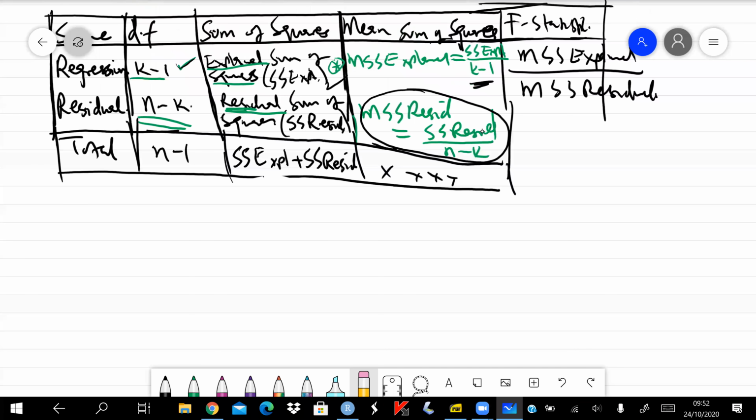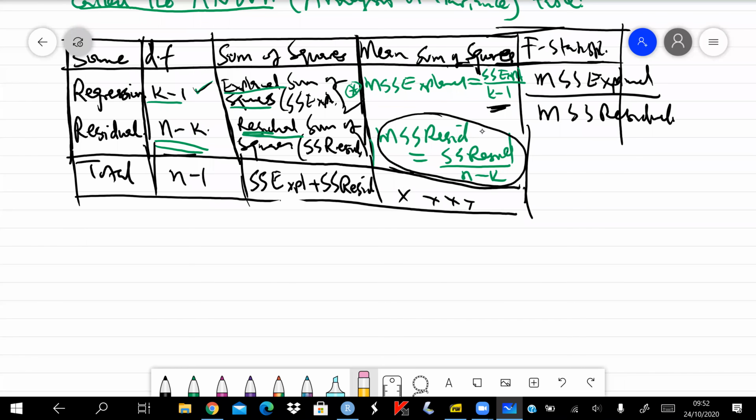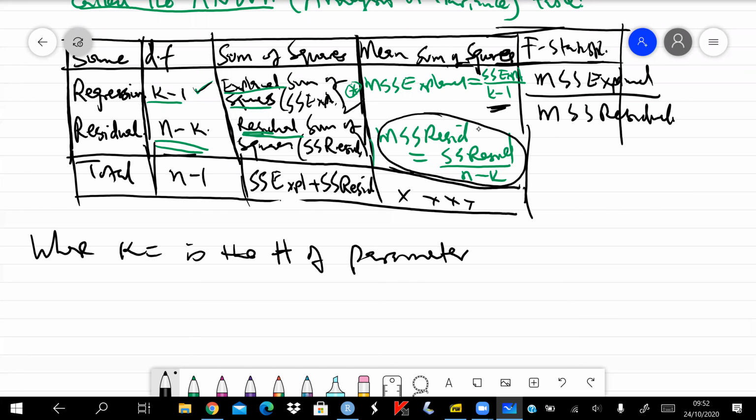Okay, so let's move on. So we can say that K is the number of parameters estimated.